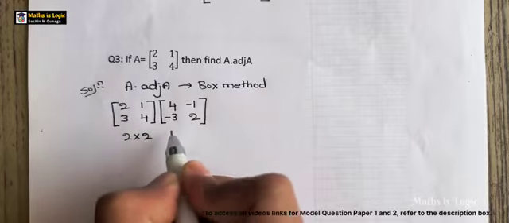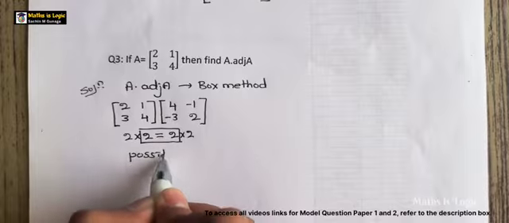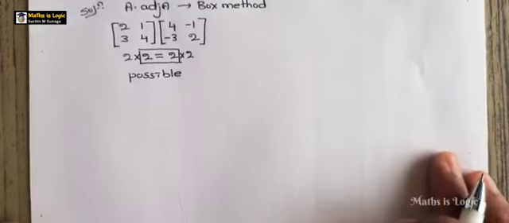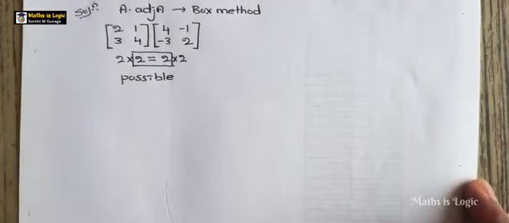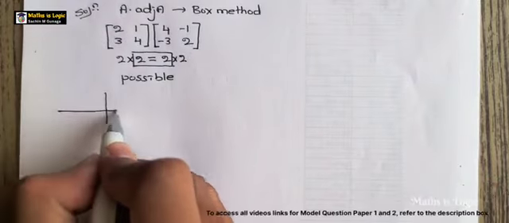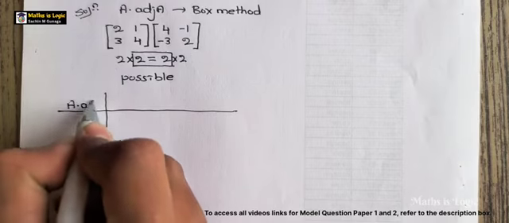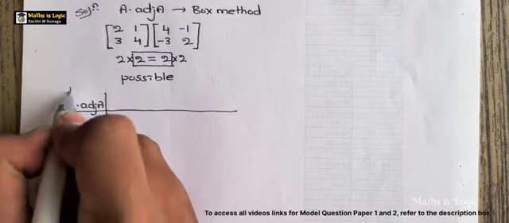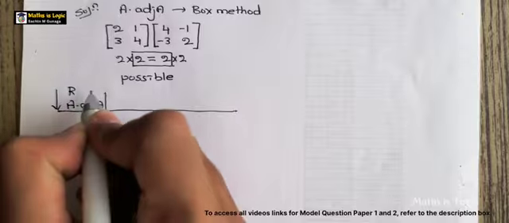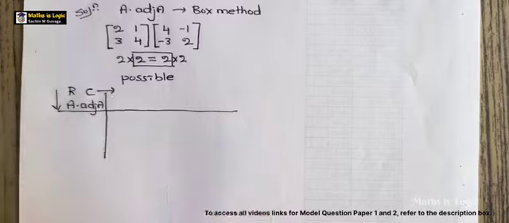Then write the order 2 cross 2. Here also write the order 2 cross 2. So these two are equal. Therefore, matrix multiplication is possible. Apply the box method. So in this corner write A into adjoint of A. Row this side, column this side.